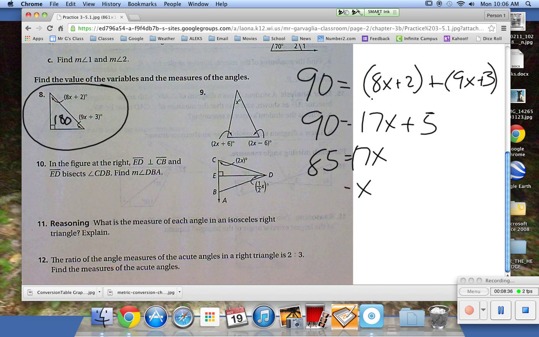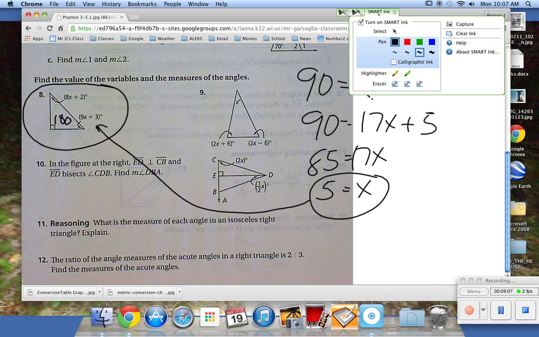X equals 5. What are my two angles? No, they aren't. That's just X. Got to plug it in there. What's this angle down here? 48 degrees. What's this one up here? 42. 8 times 5 is 40 plus 2. All right. See how we figured it out? How would we figure out the next one?